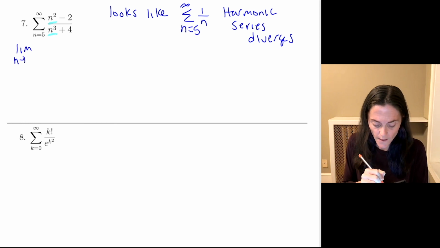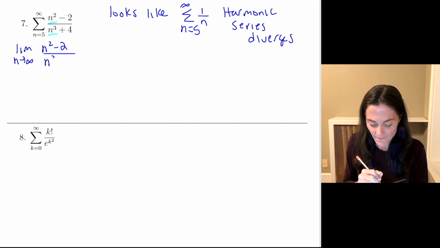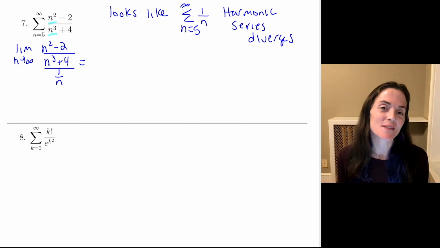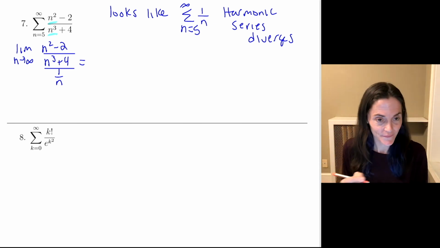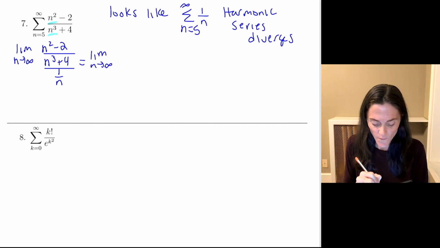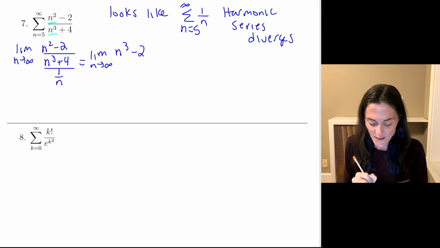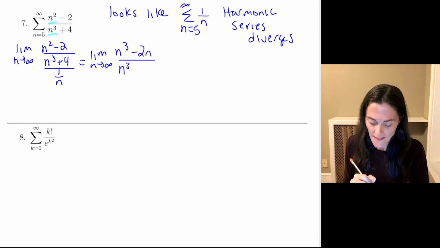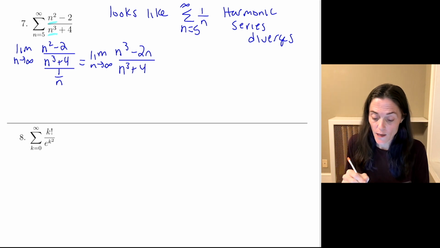As n goes to infinity, we take the nth term of one series, and we divide it by the nth term of the other. If this limit is finite and positive, then both series have the same behavior. Well, this is a limit as n goes to infinity of n cubed minus 2n over n cubed plus 4. Now we can actually evaluate this limit.